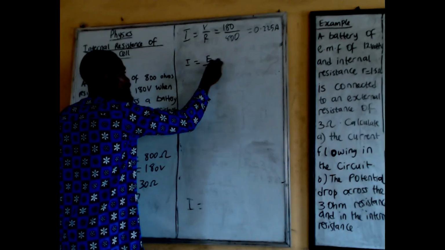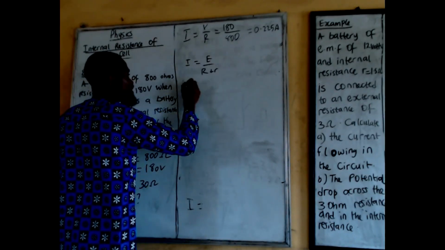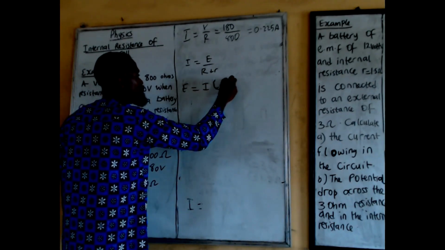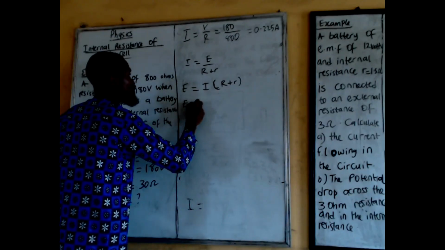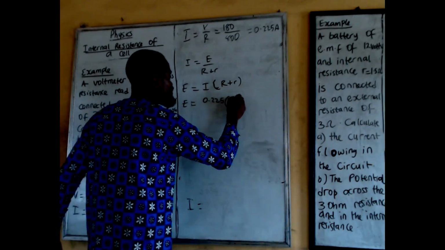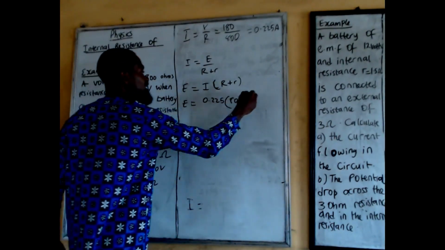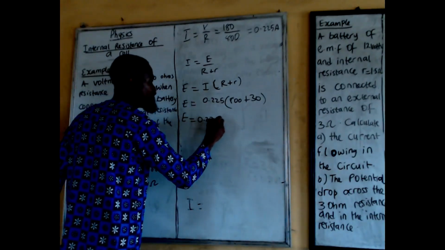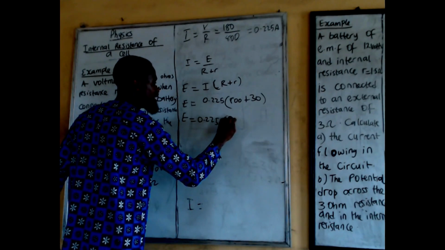Making E the subject of the formula, we have E equals I times bracket R plus r. Now E equals I, which is 0.225, times our big R, which is 800, plus our internal resistance, which is 30. If you add this, it will be 830.